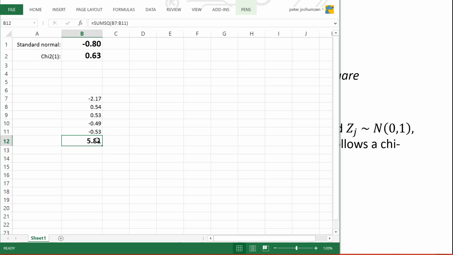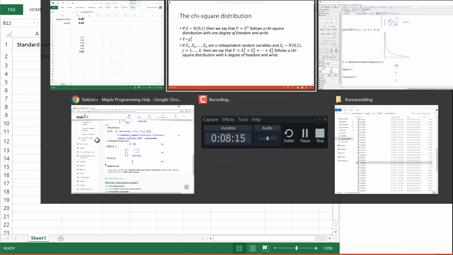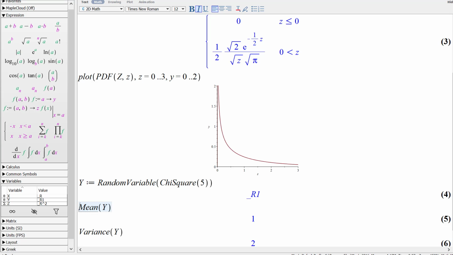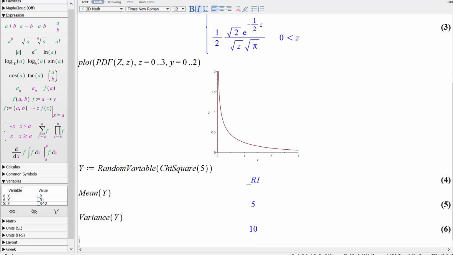If you want to have a look at chi-square distributions for other values of k, you can easily do that by just changing this to, let's say, 5. You can see now that the expected value is 5, like we said, and the variance turns out to be always precisely twice the degrees of freedom. So the variance will be 10 in this case.